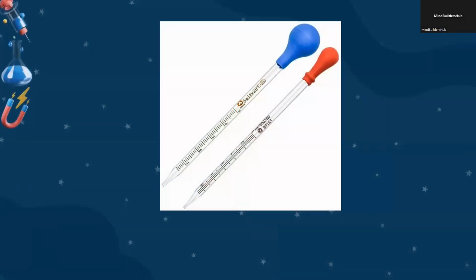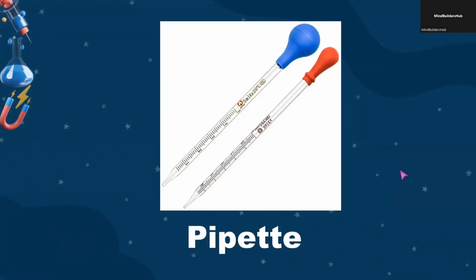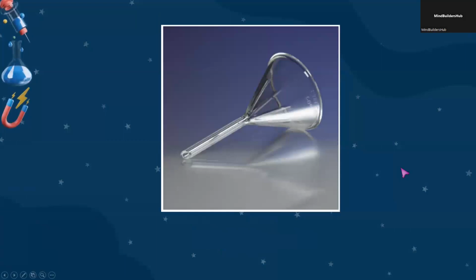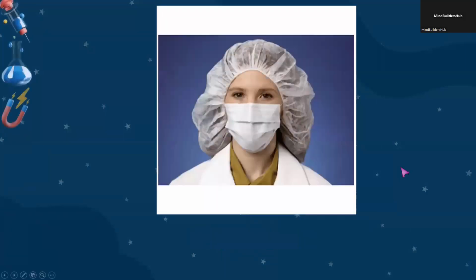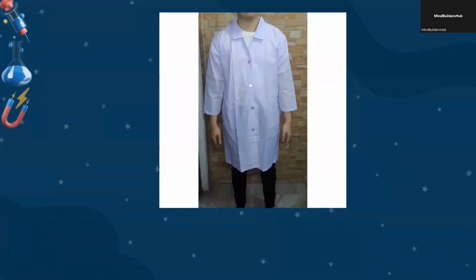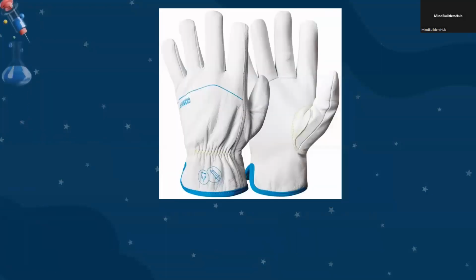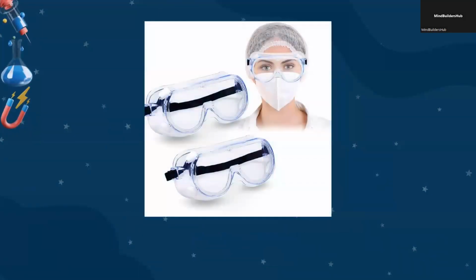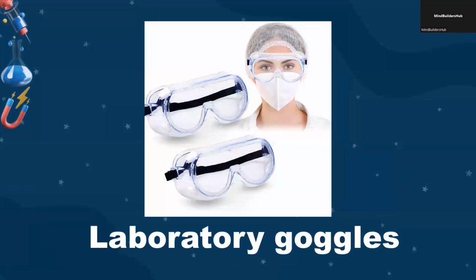So let us identify the name of the following apparatus or instrument. This is a pipette. This is a dropper. Another, a funnel. We have the face mask or surgical mask, a laboratory gown, heat-resistant gloves, laboratory goggles.